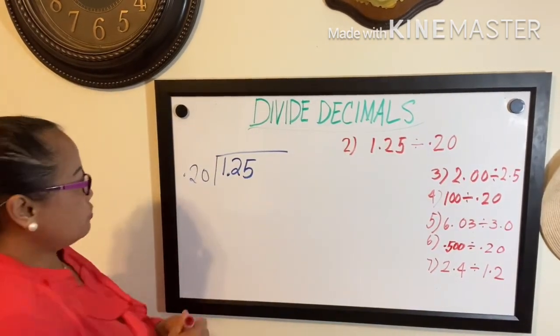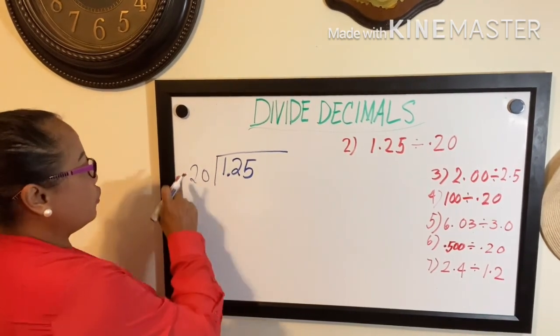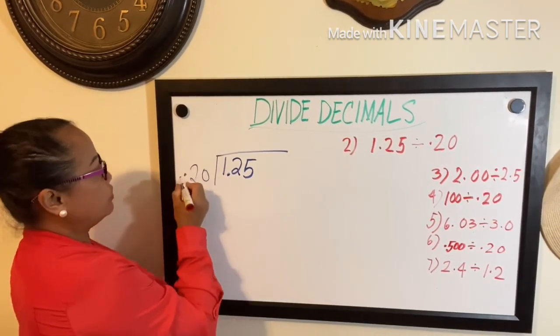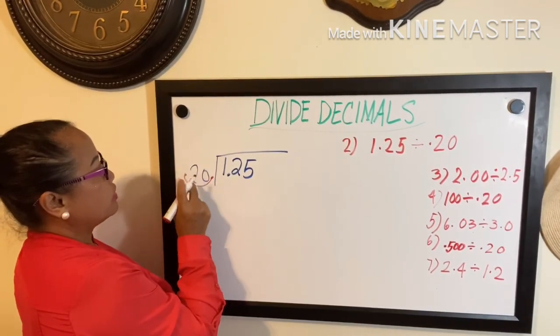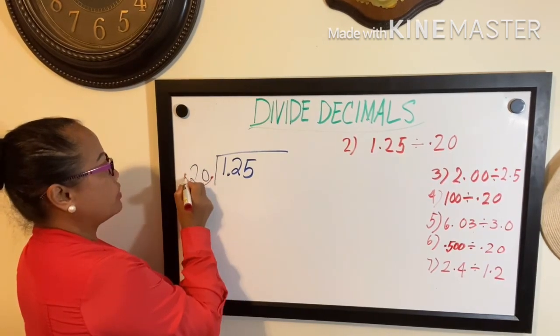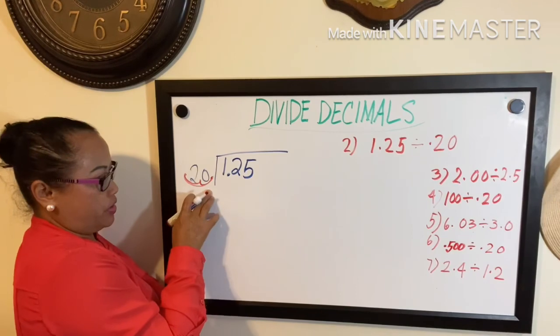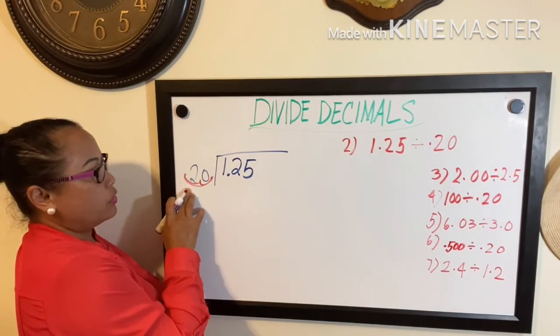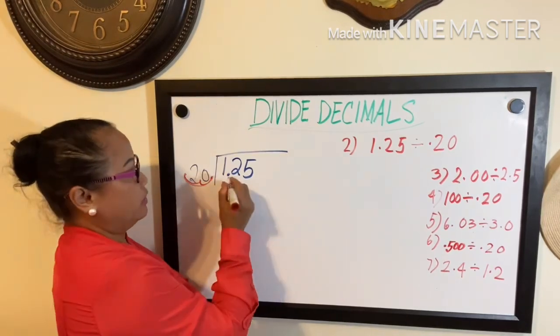So we always move the decimal. In order, this one, it's always at the last here. We move from here. So how many? 2 times, because 1, 2, okay? When we move 2 times here, we also move the decimal point 2 times here in the dividend.